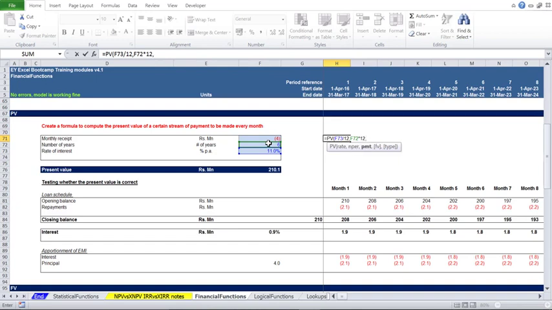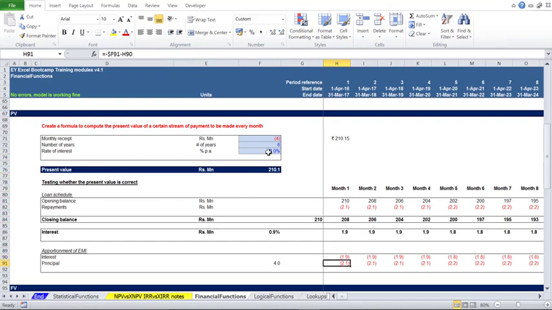PMT is the amount that we'll receive each year or each period, which is 4 million. Close the bracket and press enter, and there we have 210.15, which is the answer to our solution here also. It is the present value if we receive 4 for 6 into 12, which is 72 periods at 11% divided by 12.